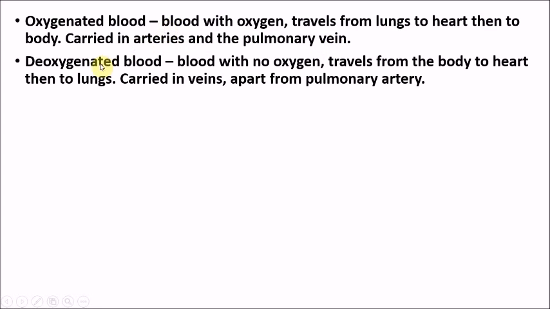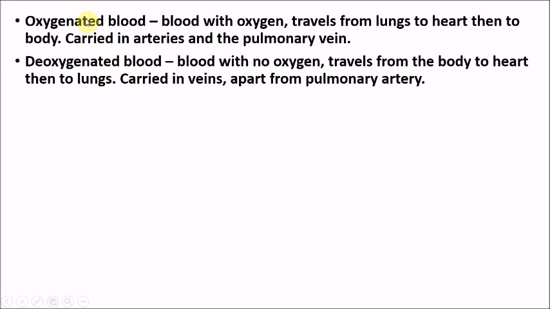Deoxygenated blood has low oxygen concentration but high carbon dioxide concentration. Essentially blood with no oxygen. It travels from the body to the heart and then to the lungs. Now, deoxygenated blood is always carried in veins, apart from the pulmonary artery, because this is the one that goes to the lungs, and deoxygenated blood needs to go to the lungs to be reoxygenated.